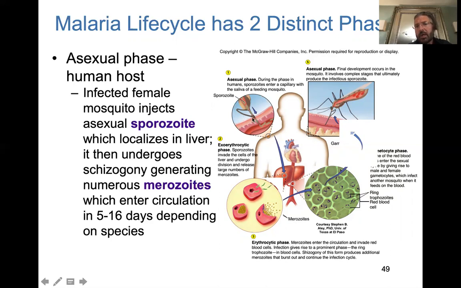So the mosquito is injecting it here. It goes through the bloodstream to your liver, infecting your hepatocytes, all right, and then in the cell it's multiplying and changing. Now it releases all of these into your blood supply, and that's when it goes into your red blood cells.